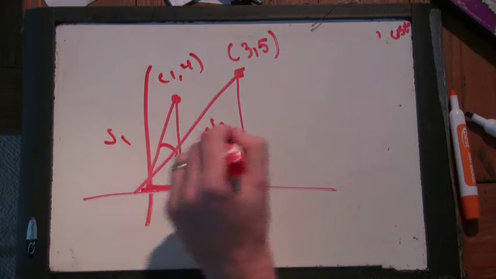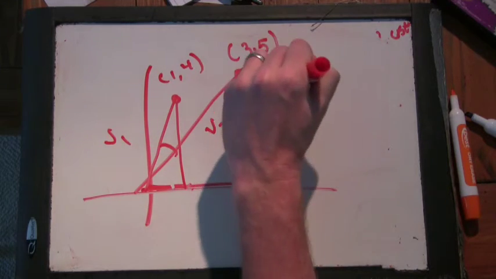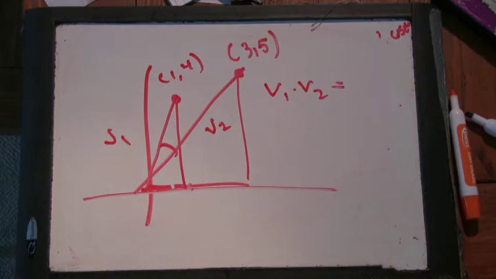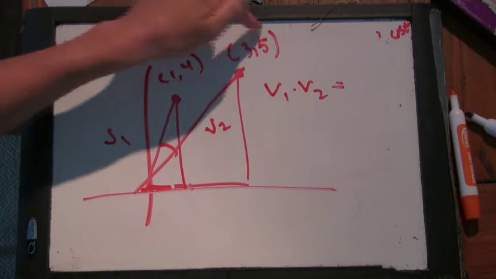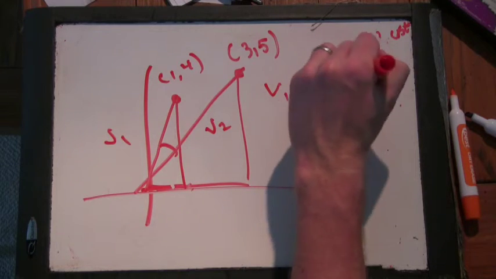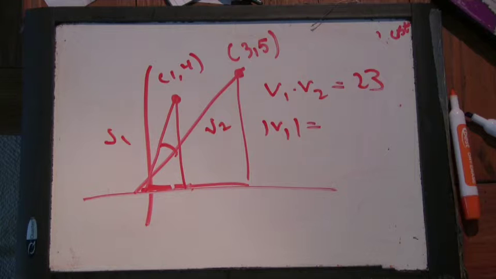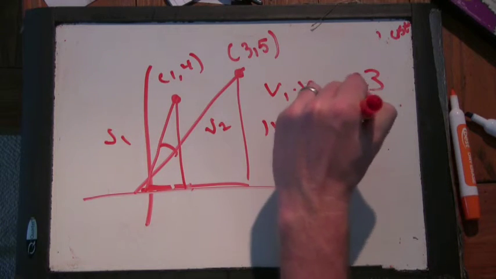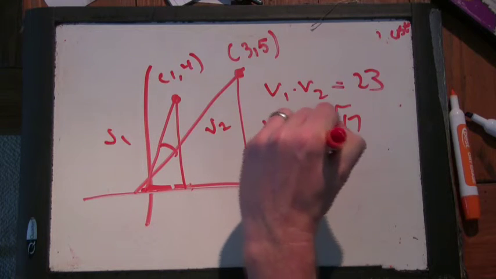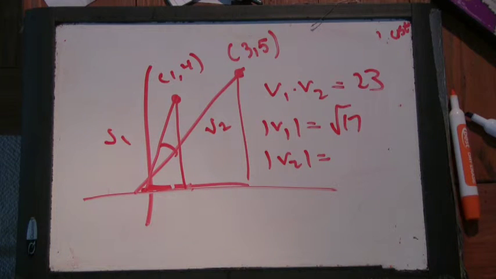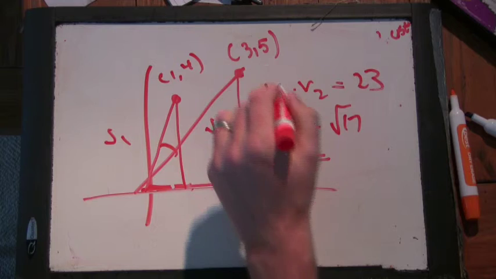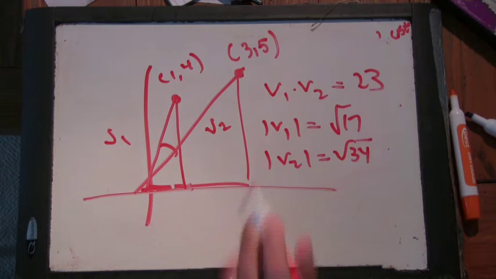V1 and V2. So what is the dot product of these? V1 dot V2? So it's 3 plus 20, so 23. And the dot product is 23. The magnitude of V1 is root 17. The magnitude of V2 is root 34. That's a lucky break.